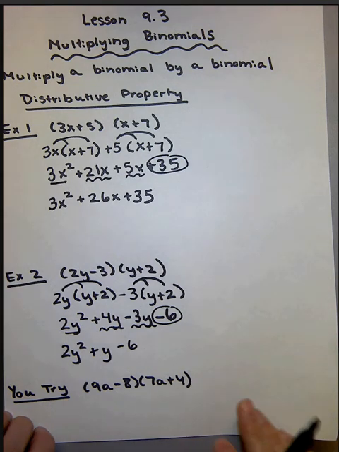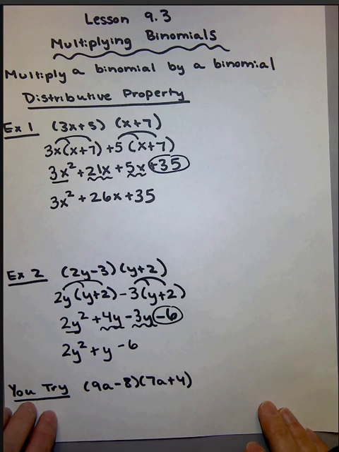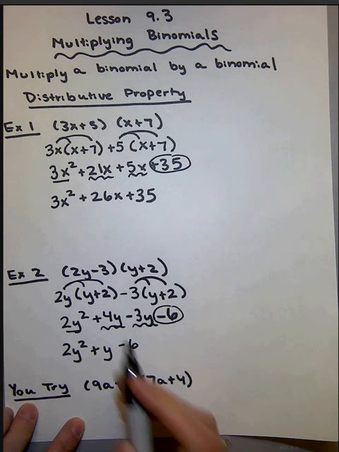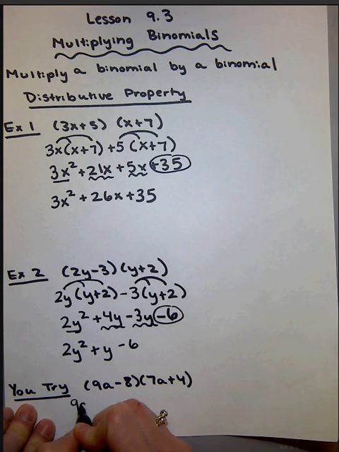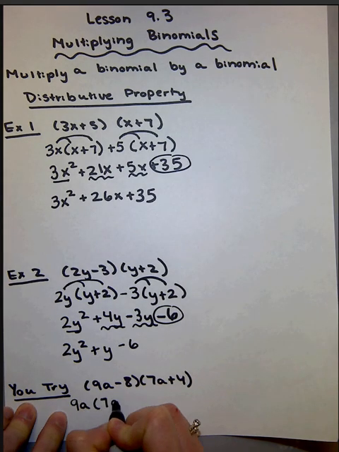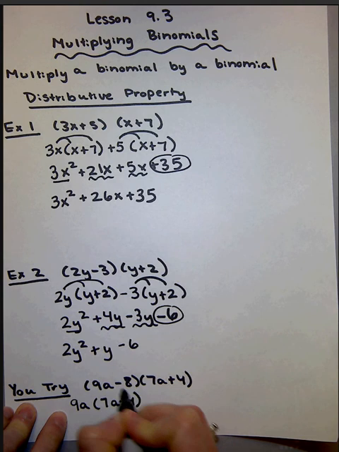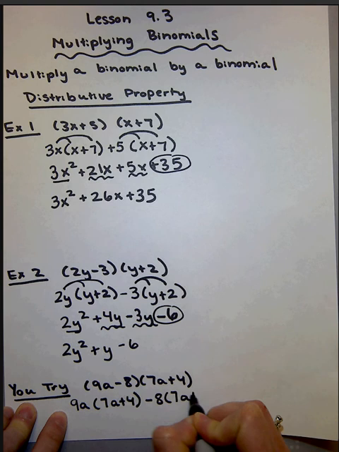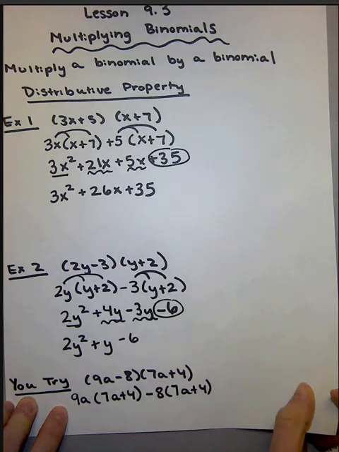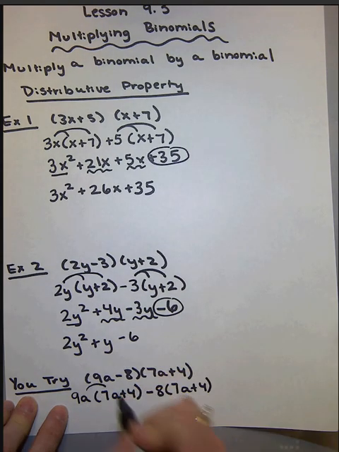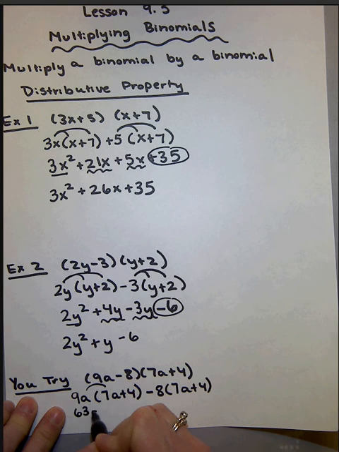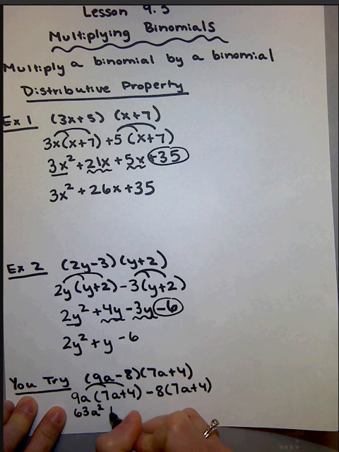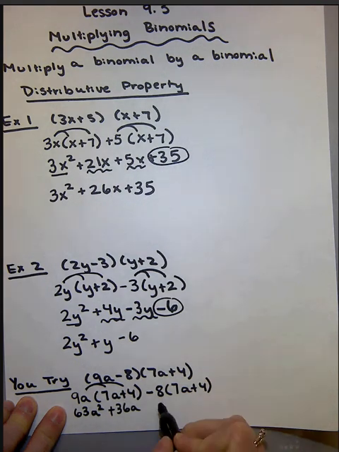Okay, so let's go ahead and I'm going to do this again, and you can check your work to see how you did. So the 9a minus 8, I'm going to break it up, and I'm going to do 9a times 7a plus 4. Now negative 8 times 7a plus 4. Hopefully I don't run out of room here. 9a times 7a is going to be 63a squared. 9a times 4 is positive 36a. Now be careful, there's that negative.